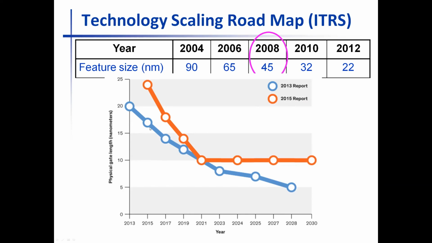We didn't go down to 16 as predicted, but there were some fast improvements to catch up with the original prediction by 2021, that is this year. Interestingly, it would reach 10 nanometers, and then it would not change after that. They say we will stick with 10 nanometers after that.